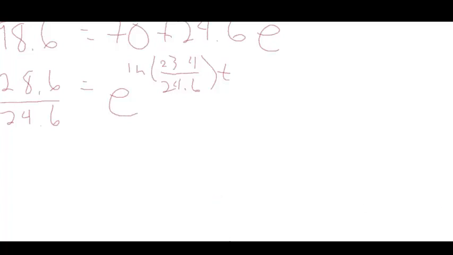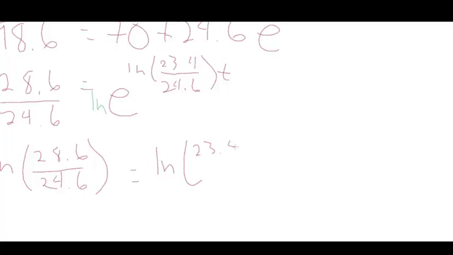So let's go ahead and do that. We'll do ln on both sides. So this will give us ln of 28.6 over 24.6 equals ln of 23.4 over 24.6 times time.